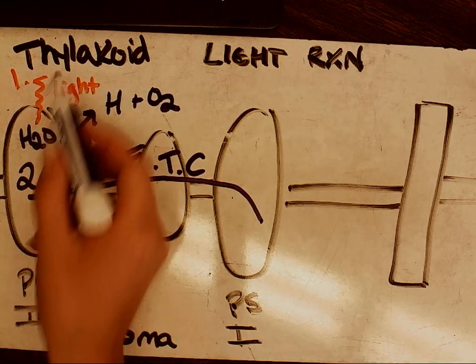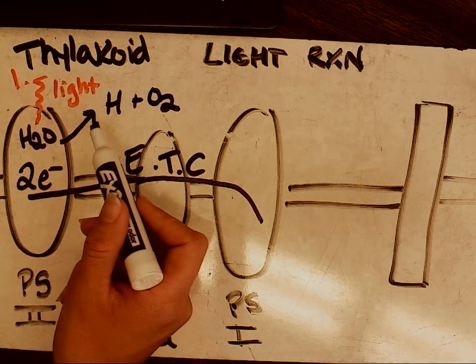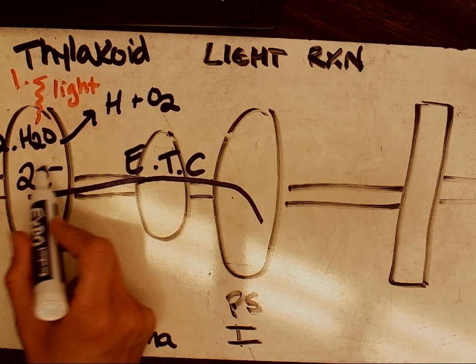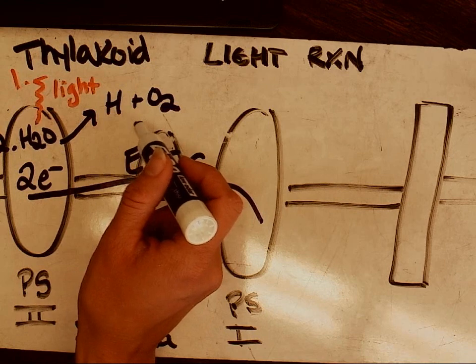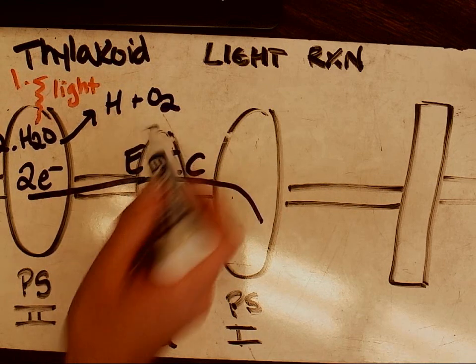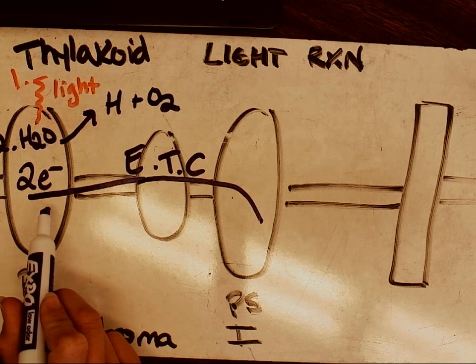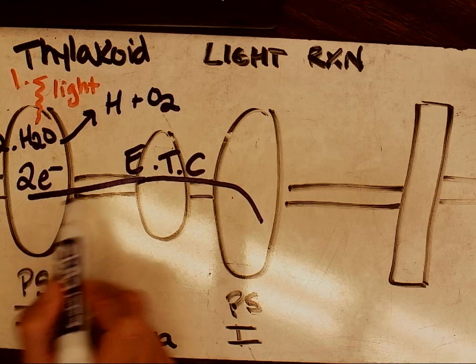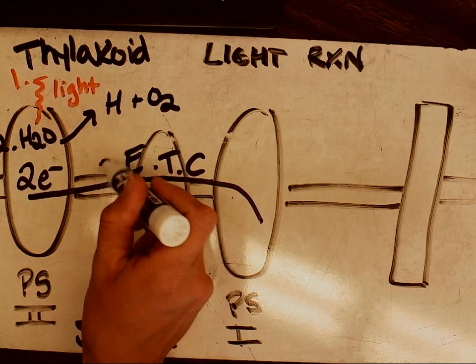So, real quick. Step 1, light strikes photosystem 2. Step 2, water is going to break down into hydrogen and oxygen, and it gives 2 electrons to photosystem 2. These electrons have lots of energy and they want to move.